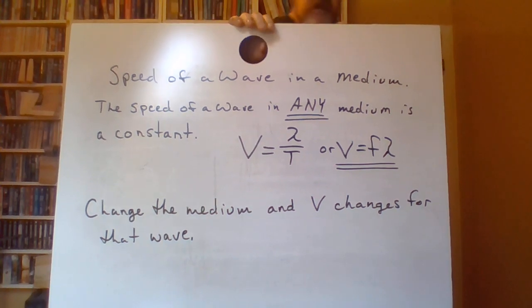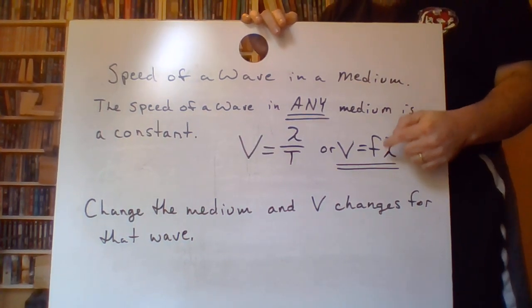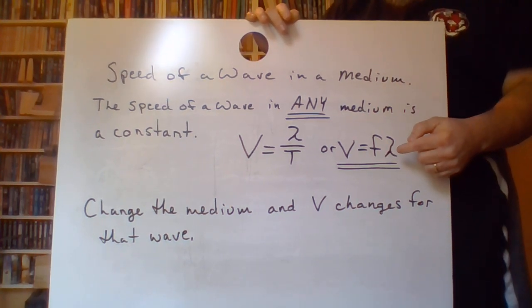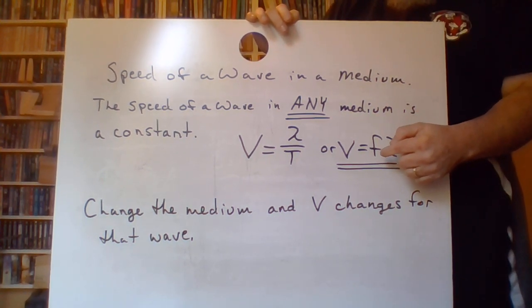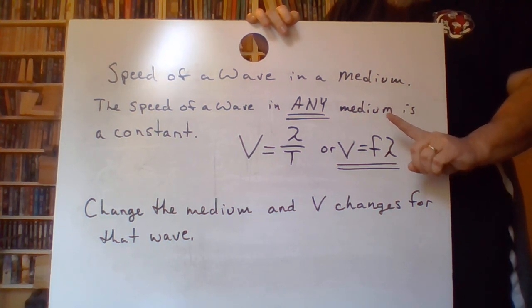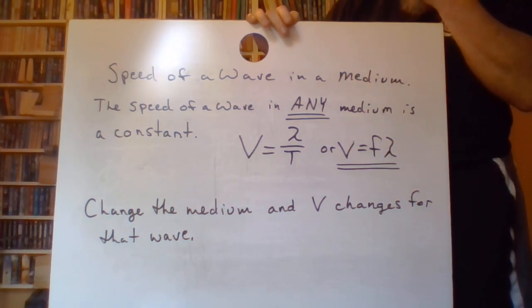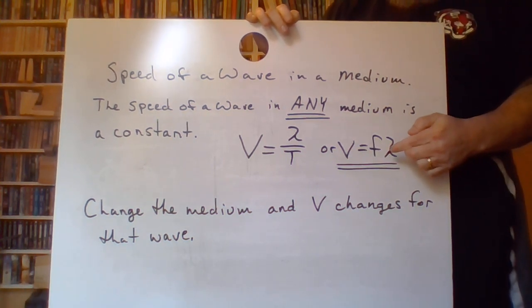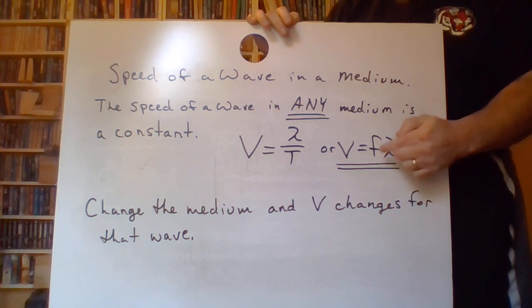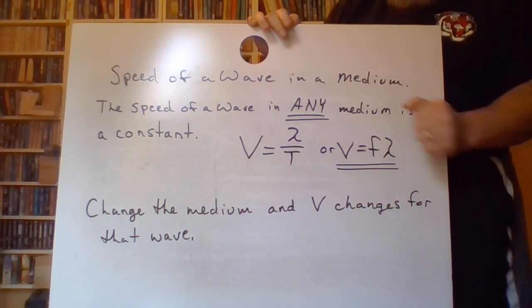Well, since frequency is the inverse of period and frequency is vibrations per second, if we take the frequency and multiply it by the distance of one vibration, that also gives us the speed. Because if you think about that, one vibration times the rate of one vibration, how quickly it takes to make one vibration, there's our speed.